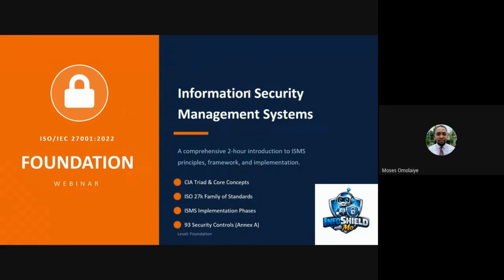And beyond my certifications and background in computer science, I also have extensive experience in network security, systems admin, business process management, and right now information security management.